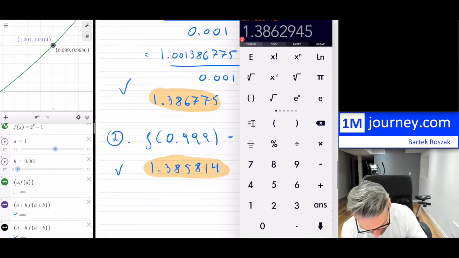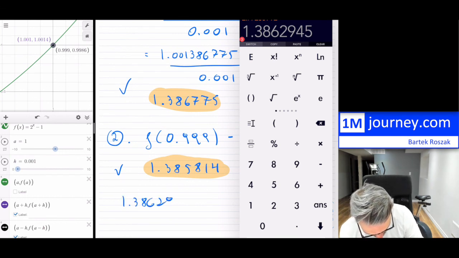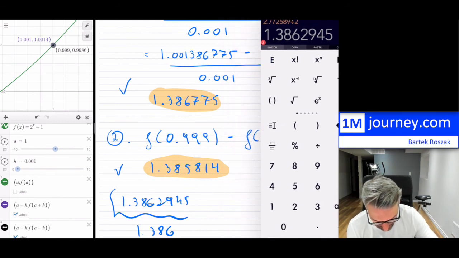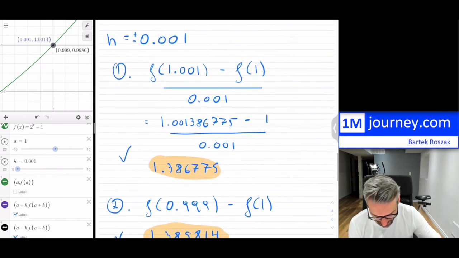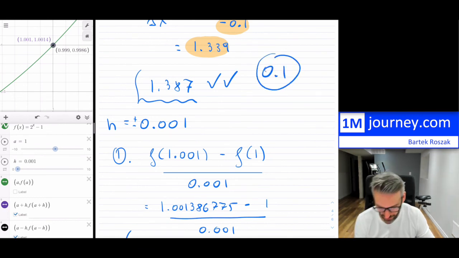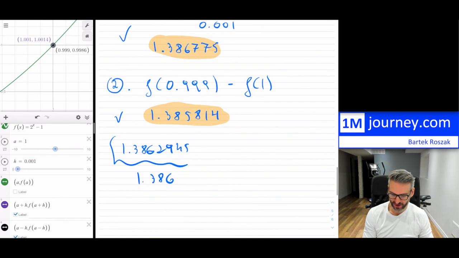So my average, my instantaneous rate of change, is approximately, give or take, 1.386. Notice our original, when we used 0.1 and took the average, we got 1.387, and this is 1.386. So they were very close already.